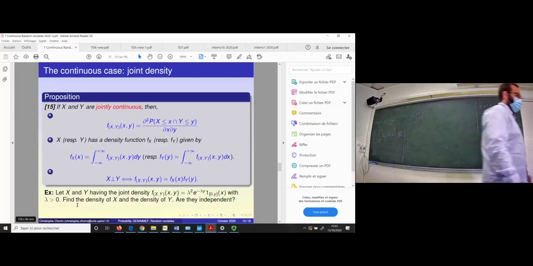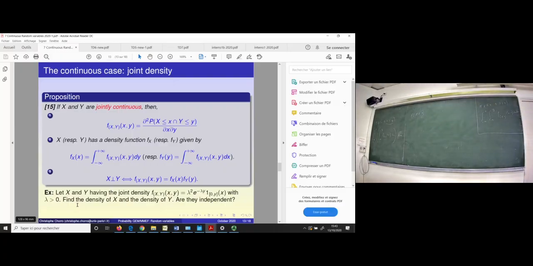To have a density function, we always derive from the mass function, so we just do the inverse: we just do the integral of capital F. What is capital F here? The mass function. So tell me exactly what you want to do.